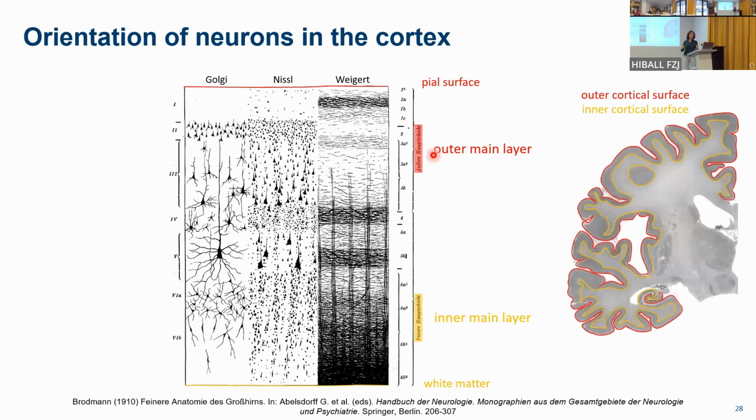So that means that in the brain, we can identify a so-called outer cortical surface and an inner cortical surface, okay? And relative to this outer and inner cortical surface, we've got our pyramidal neurons, where we know we've got the cell body, we've got the so-called apical dendrite, which is located between the cell body and the pial surface, the outer contour of the brain, and then we've got the basal dendrites, and we've got the axon, which are located closer to the white matter, to the inner cortical surface, okay?